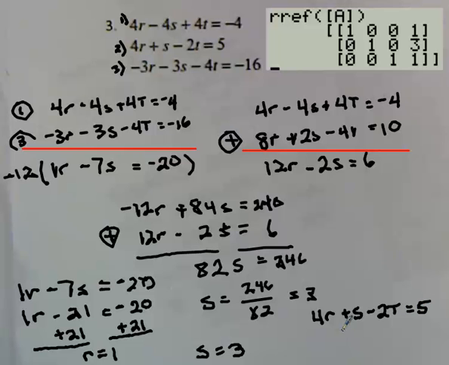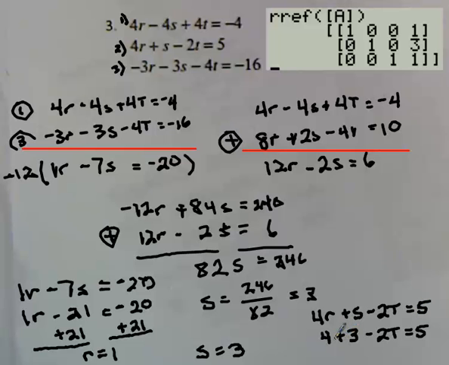Substituting 1 and 3 in for r and s. So I have 1 times 4, that gives me 4, plus 3 minus 2t equals 5.